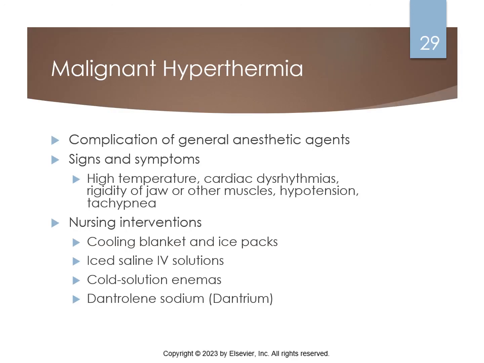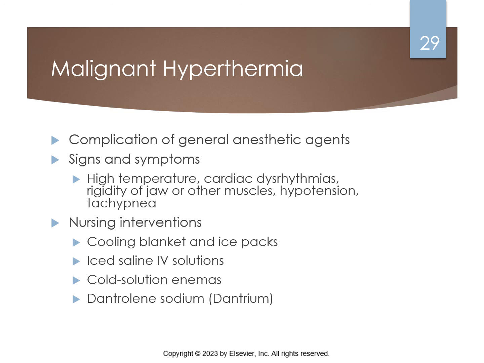Malignant hyperthermia is a rare but life-threatening complication of general anesthetic agents. This includes halothane, isoflurane, enflurane, and succinylcholine. MH occurs from a biochemical reaction in genetically predisposed persons. Most MH occurs during the surgical procedure in the OR.